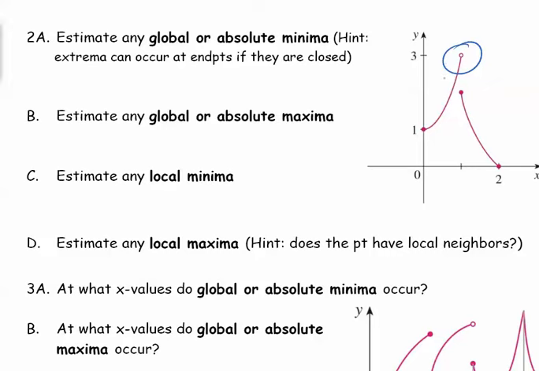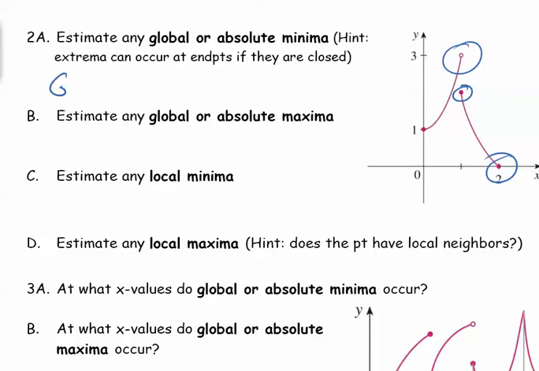So there is no maximum in this area. So this point right here can't be a maximum either because, of course, it has a higher coordinate on the left-hand side. So the only thing that we've got in the running here would be a global minimum, and I think we have nothing for the others.